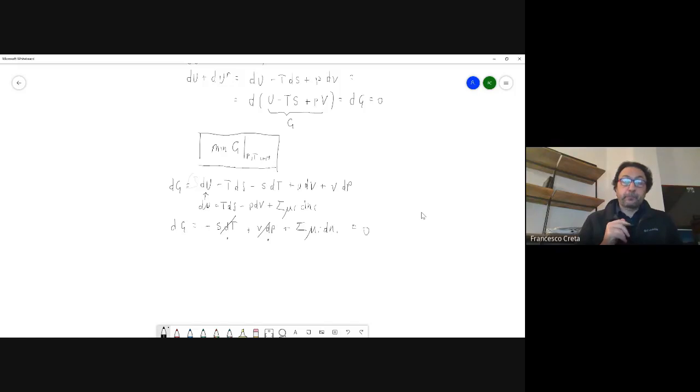Now, remember what the perturbation of a system is: playing around with constraints. Now, what do you mean by constraints when you're talking about a composition? What do you mean by perturbing a system when you're talking about a composition? Well, composition can be perturbed. Guess what? Through chemical reactions.